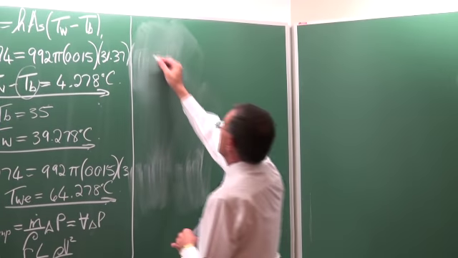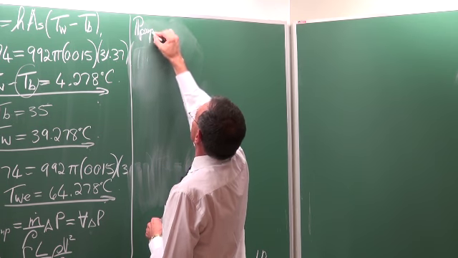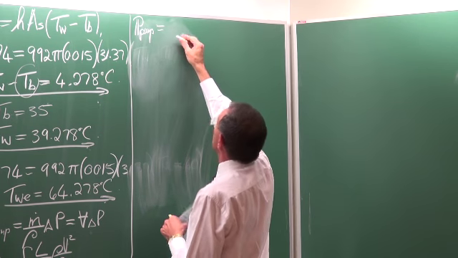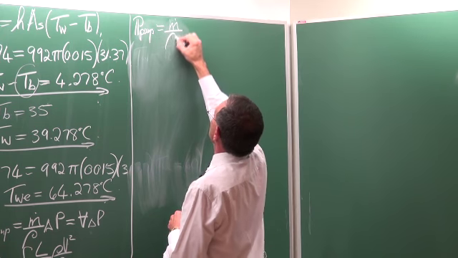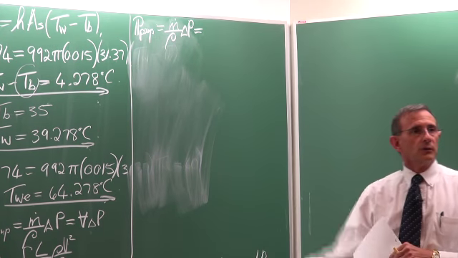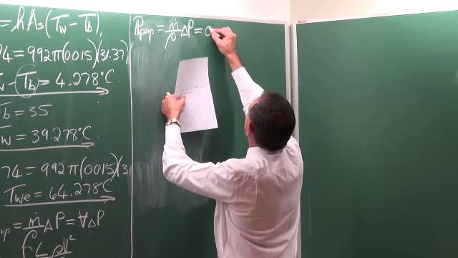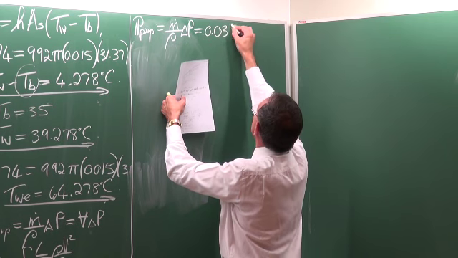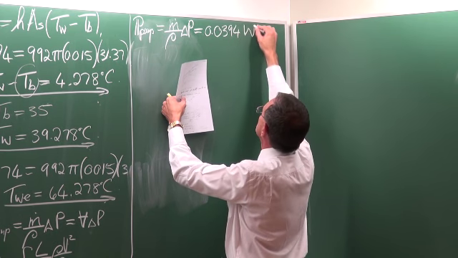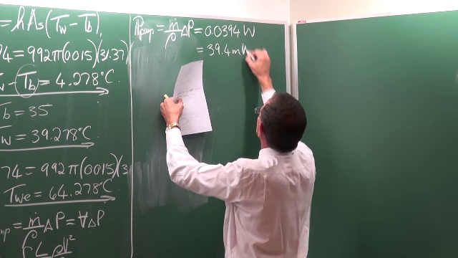So now we can calculate the pump power. It's equal to the mass flow rate divided by the density multiplied by delta P. Okay, I'm not going to put in all the values, but the result is 0.0394 watts or 39.4 milliwatts.